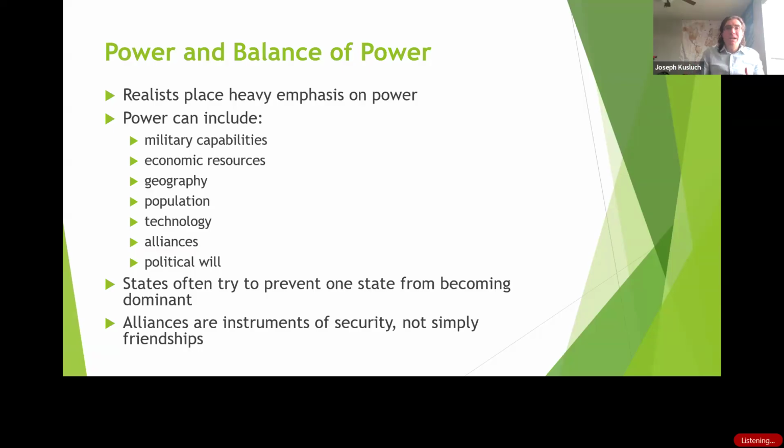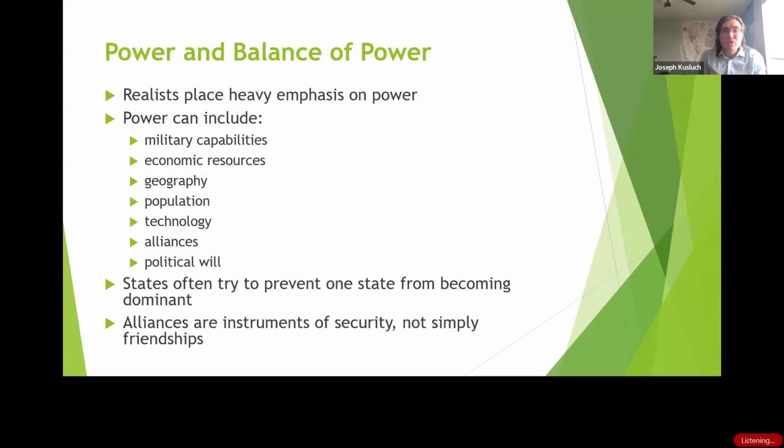In realist terms, alliances are not simply friendships. They are instruments of security. States align with others when they face common threats or when doing so helps preserve their position in the international system. So the textbook's discussion of neorealism emphasizes this structural logic. In Waltz's version, states are shaped by the structure of the international system.